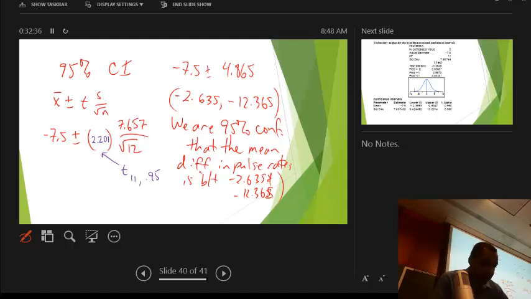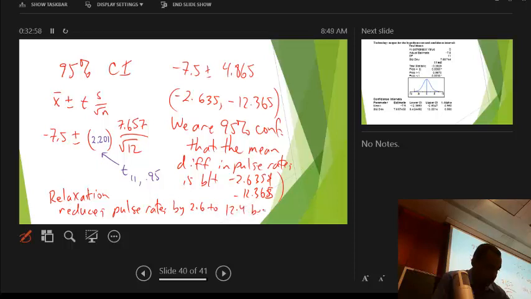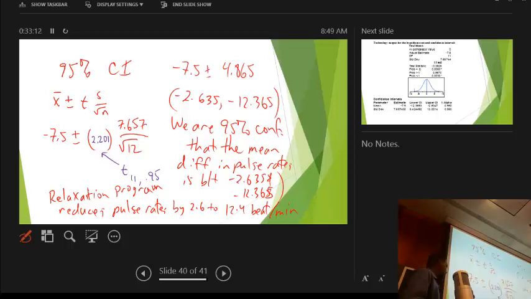Moreover, we're saying that the relaxation program reduces your pulse rate by 2.6 to 12.4 beats per minute.